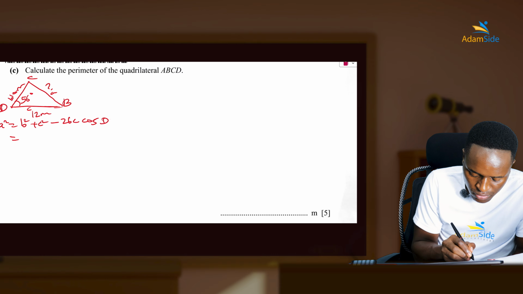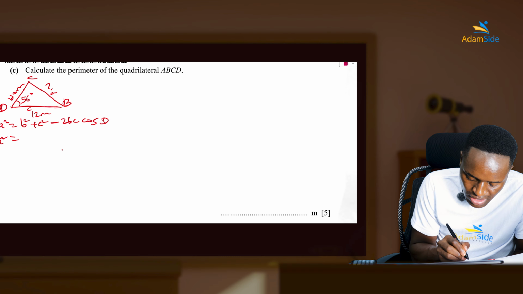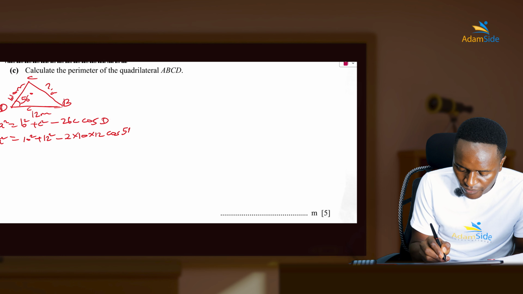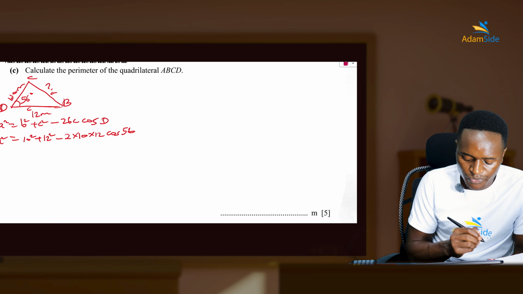So therefore a squared, which is BC squared, is b squared, which is 10 squared, plus 12 squared minus 2 times 10 times 12 cos 56. That's it.